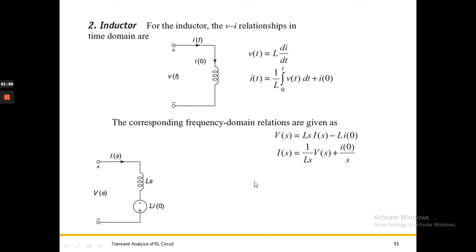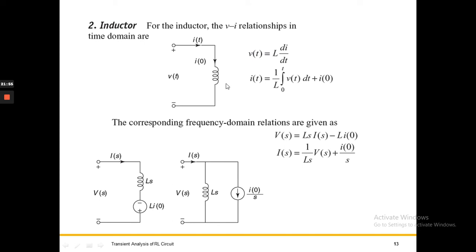Similarly, you can represent this equation, which is nothing but Kirchhoff's current law. The voltage divided by the inductive impedance gives a current, plus the initial current. So this can be represented by this equivalent circuit. This current I(s) splits into two parts. The current through the inductance is the voltage drop across the inductance divided by the inductive impedance, plus the constant current source.